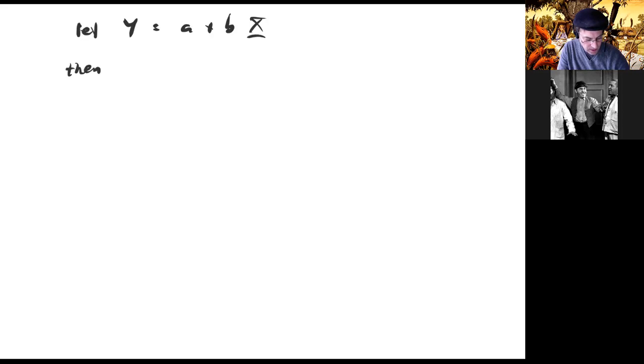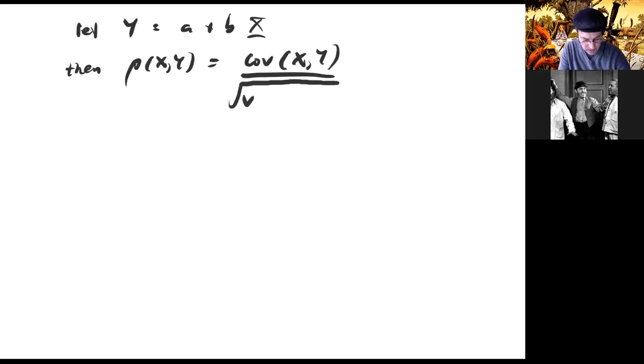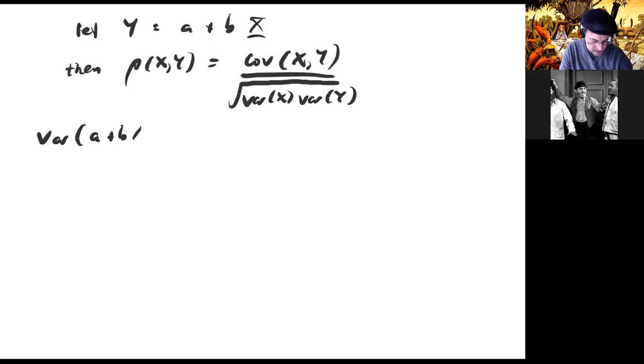let's compute the correlation coefficient rho of XY, which we saw by definition was the covariance of X and Y divided by the square root of the variance of X times the variance of Y. Let's compute what we have here. So first of all, what is the variance of a plus bX? That's the covariance of a plus bX with itself.